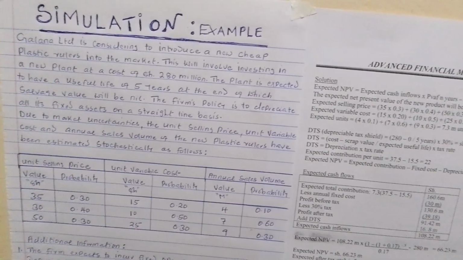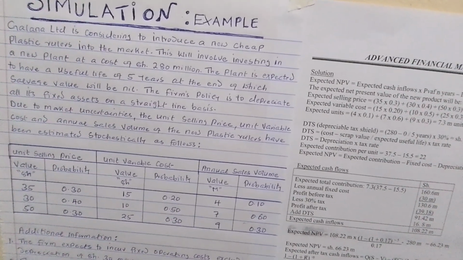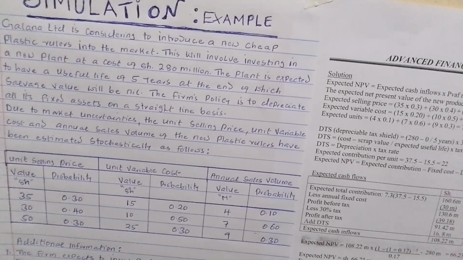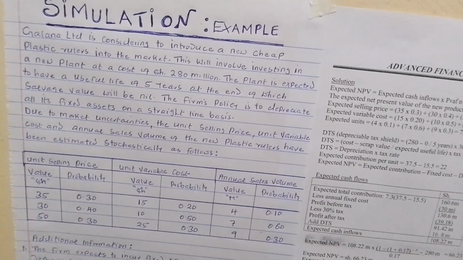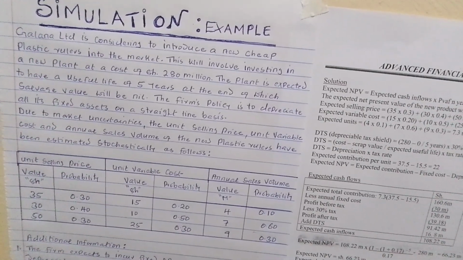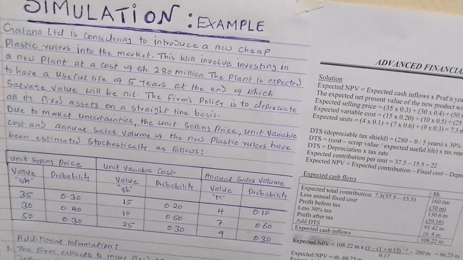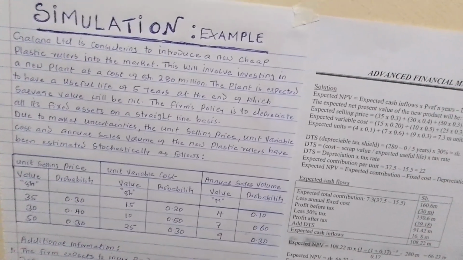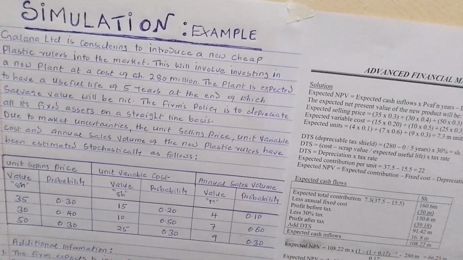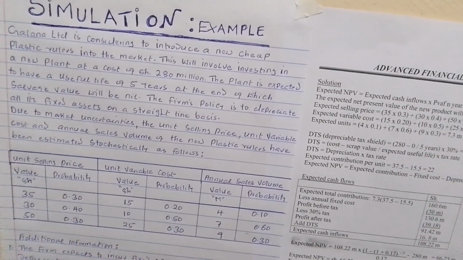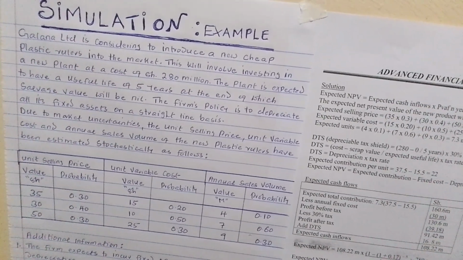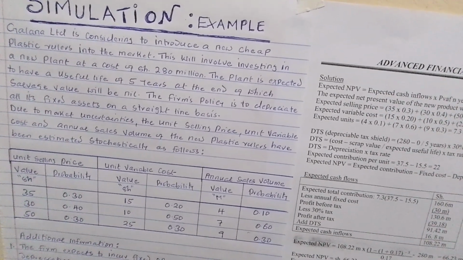The firm's policy is to depreciate all its fixed assets on a straight line basis. Due to market uncertainties, the unit selling price, unit variable cost, and annual sales volume of the new plastic rulers have been estimated stochastically as follows.